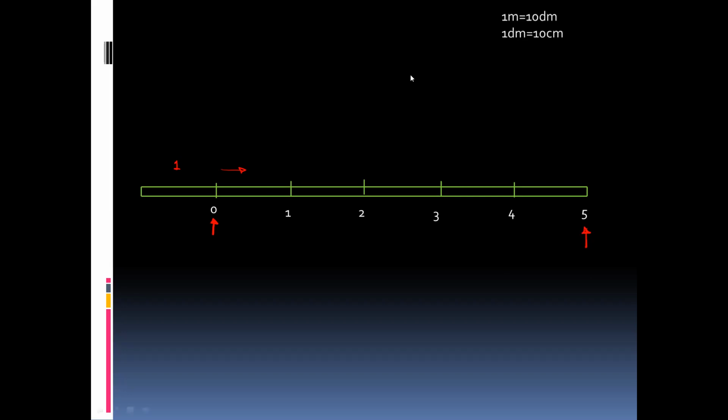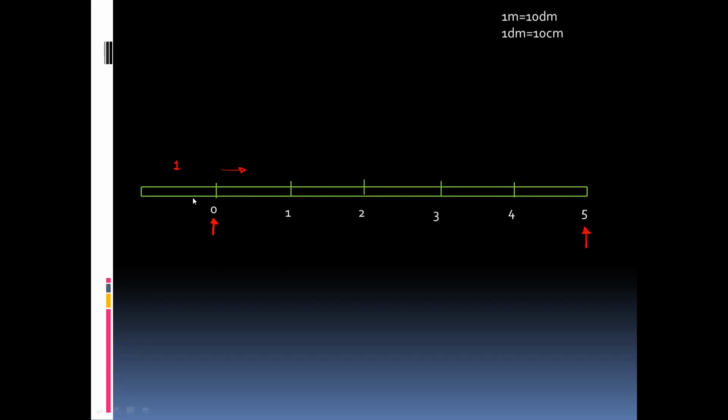Now this is the relation. 1 meter is equal to 10 decimeter, and 1 decimeter is equal to 10 centimeter. So that means each part here represents the distance of 1 meter. Now we have to divide this 1 meter distance into a smaller scale, that is nothing but the decimeter. So we have to divide the first division into 10 equal parts.